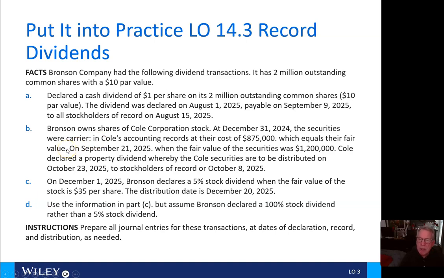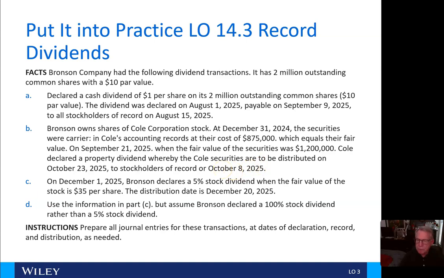On September 21, 2025, almost 9 months later, when the fair value of the securities was $1.2 million, Coal declared a property dividend, whereby the Coal securities are distributed on October 23rd, 2025, to the stockholders of record on October 8th, 2025.